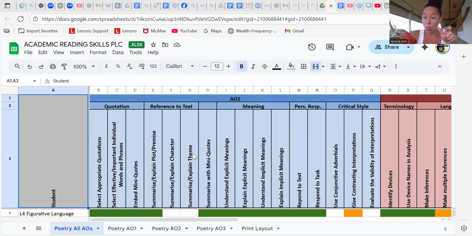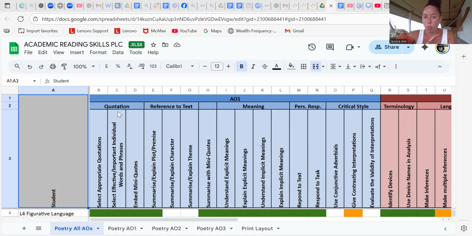They don't understand what AO1 actually means, what the skills broken down actually are. And in school they often aren't guided to know, with a very clear learning objective and success criteria, the exact skill they're working on. And this is why my learners are able to make such rapid progress.